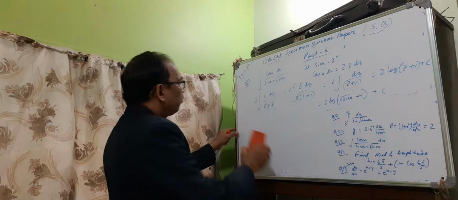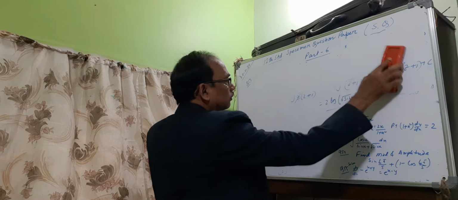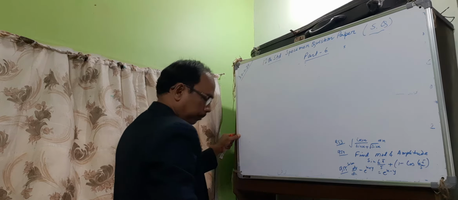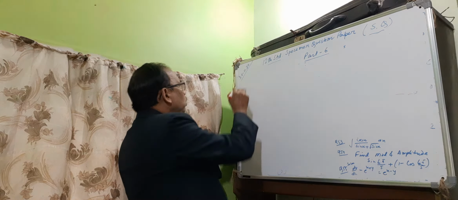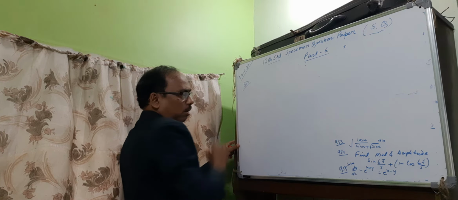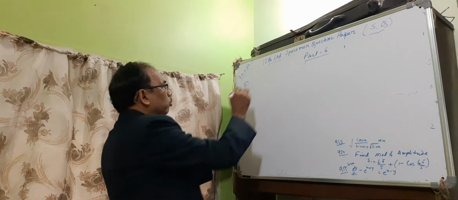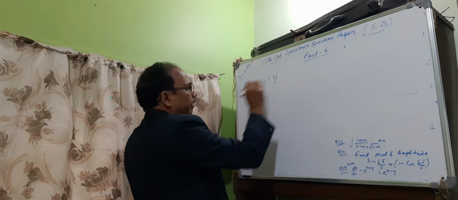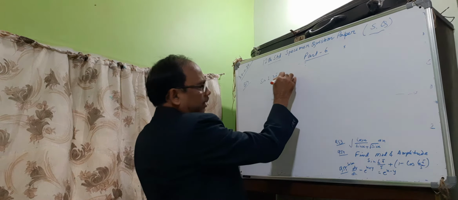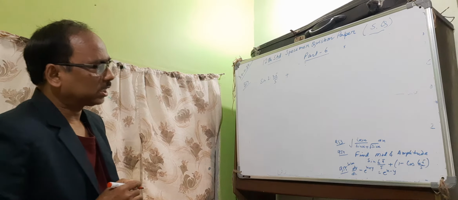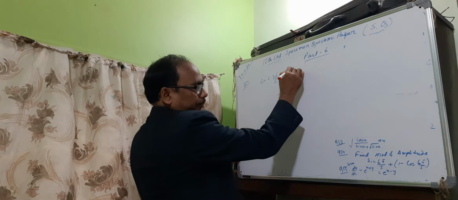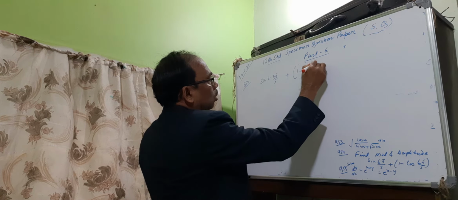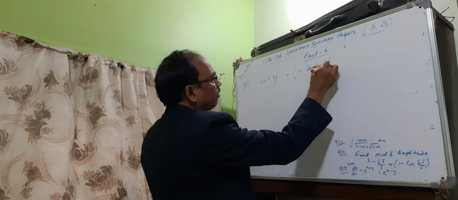Sum number 54. Question number 54: find the modulus. Sin 6 pi over 5 we can write as sin 2 into 3 pi by 5, plus 1 minus cos 6 pi by 5, that is 1 minus cos 2 into 3 pi by 5.